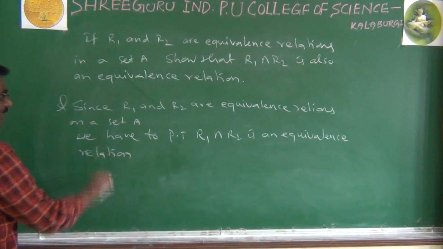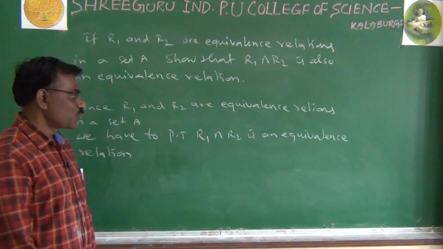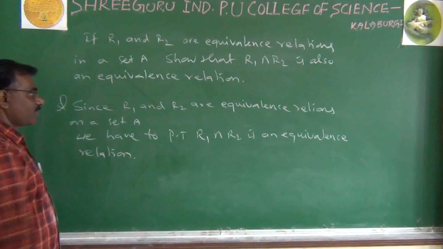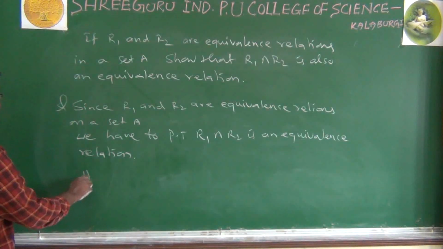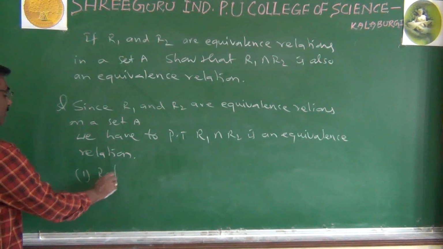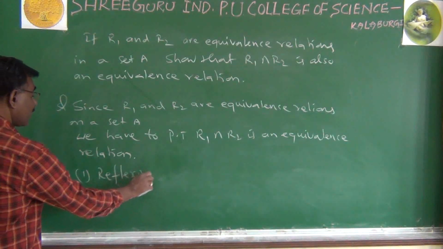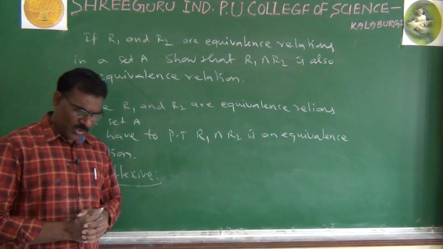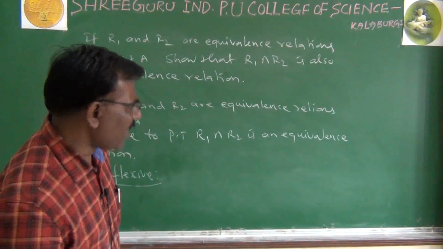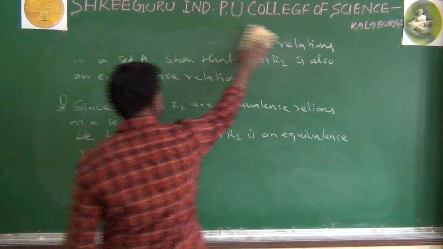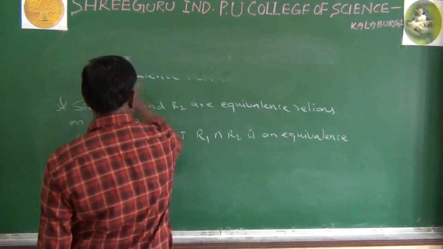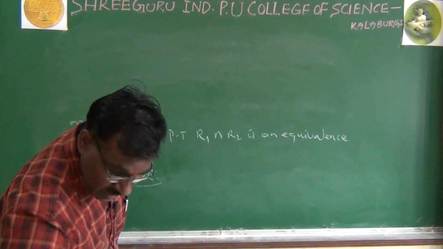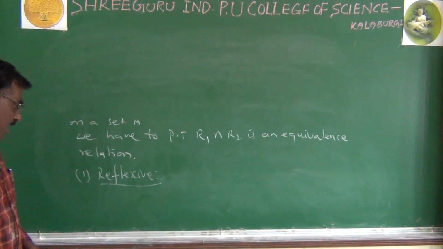That is, we prove that the intersection of two equivalence relations is again an equivalence relation. What is the first one? I'll start with reflexive. Be careful. For reflexive, how many elements are you choosing? Only one element. So what do you prove here? (a, a). But here two equivalence relations are there, R1 and R2.